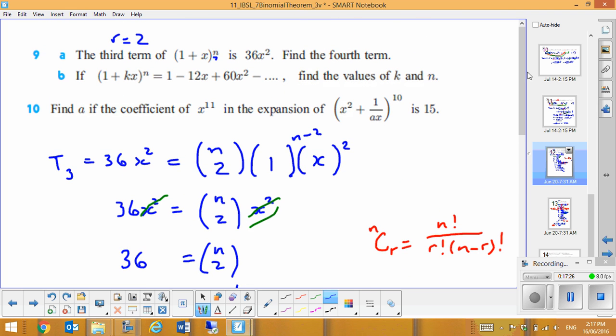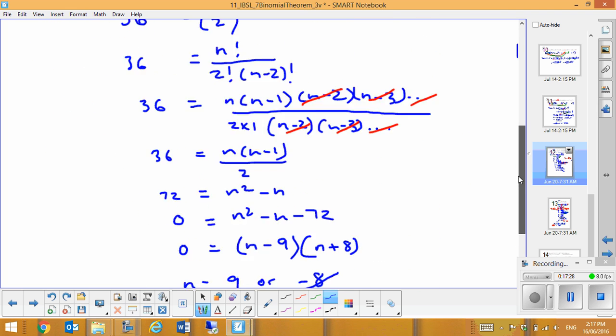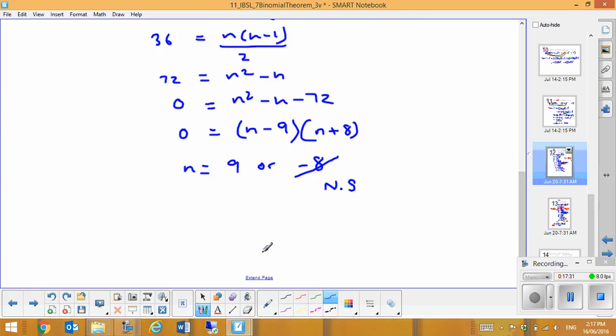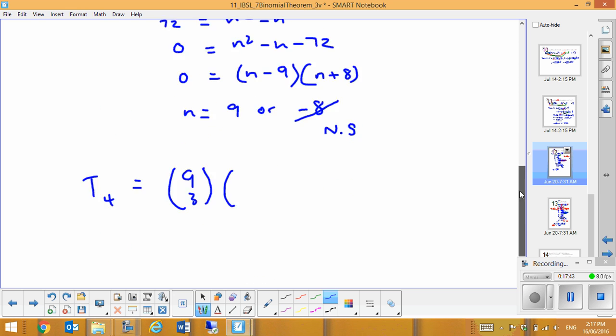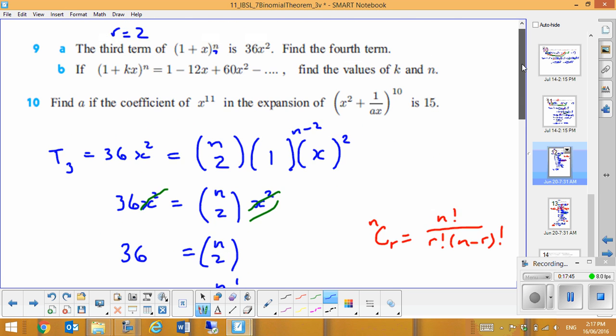If you want the fourth term, then that means r equals 3. So then the fourth term equals NC3, and we had 1 plus x, wasn't it? Just checking.